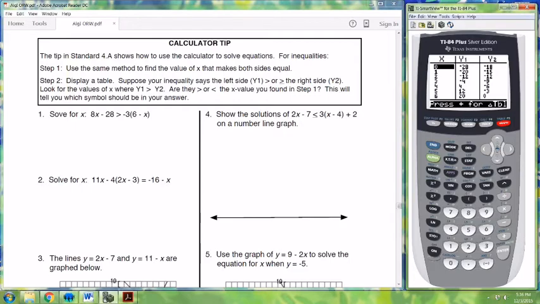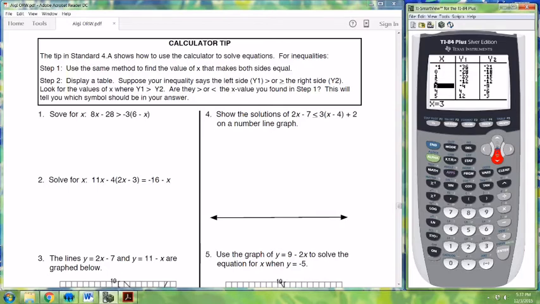I can see that these first few numbers, and I could even scroll up to the negatives, the y1s are actually smaller than the y2s for a while. And then I get to a point right here at 2 where they actually have the same value. After 3, the y values in 1 are bigger than the y values in equation 2.